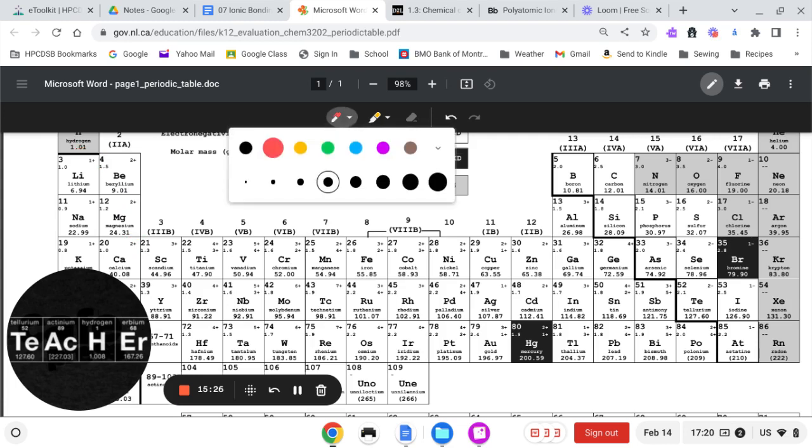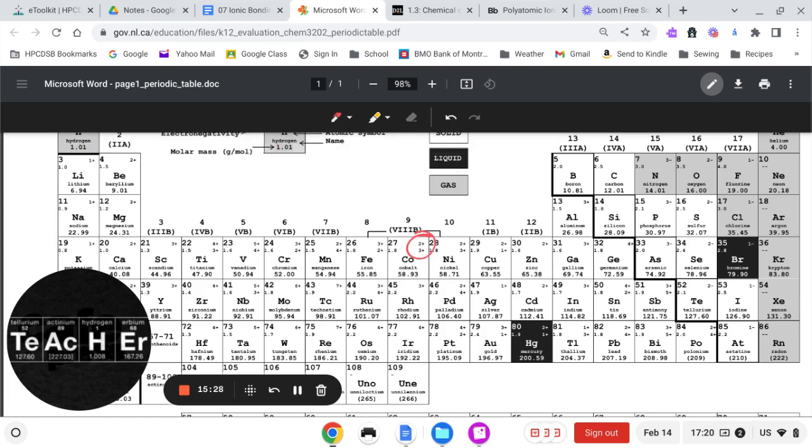Let's take a look at some of these metals, particularly the transition metals, where they have more than one charge. This can get confusing because you have to indicate the charge on these metals, both in the name and of course as you come up with the formula for the crisscross rule.